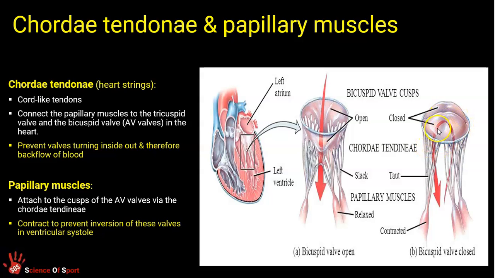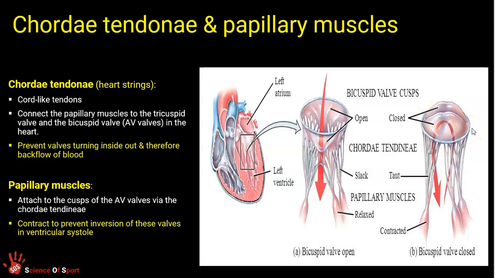So the cusps are allowed to open downwards because these muscles relax and allow them to flap that way. But when the blood tries to push through them and make them flap upwards, if you like, these papillary muscles contract, tension is created into these Chordae tendonae, and they're prevented from doing that.